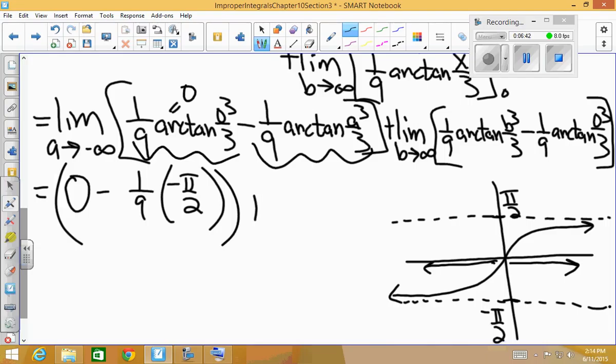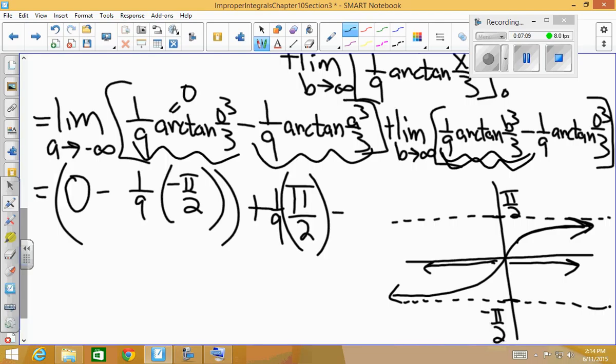Plus, now we're taking the limit of this guy. Again, b is getting closer to positive infinity, so b cubed over 3 is getting closer to positive infinity, and that's where the arctangent gets closer to pi over 2. So this first term becomes pi over 2, minus, well, again, the arctangent of 0 is 0, so minus 0 there.